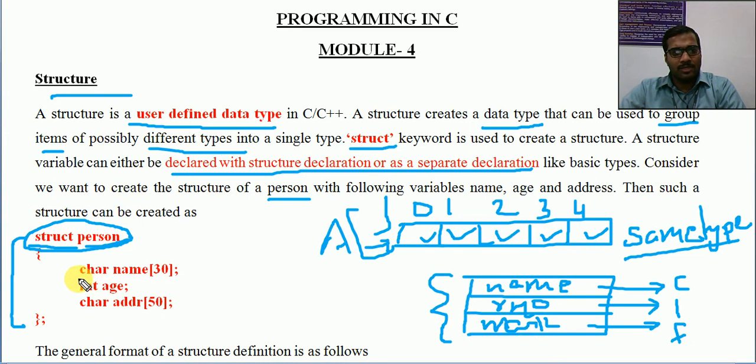First, char name of 30, a string declaration, int age, char address. So a string name, an integer age, and a string address. These three pieces of information together form a data type called struct person. These three together form a single record.